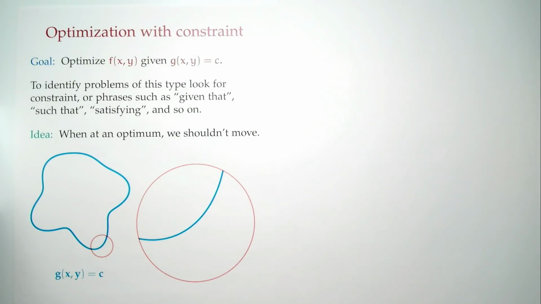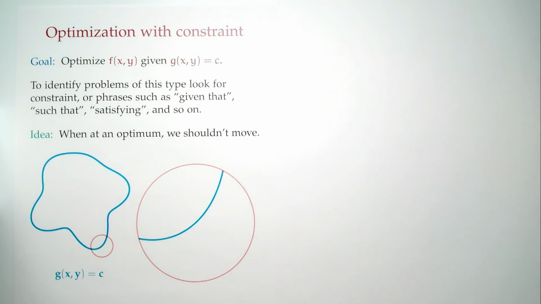Now this is different than what we talked about last time, because last time when we talked about optimization, we normally dealt with an interior as well. There's no interior here. This is just the curve. And by the way, I mentioned last time, what if you have a very strange boundary? How do you handle that? The answer is we use this technique. So this is good to know when you have unusual boundaries.